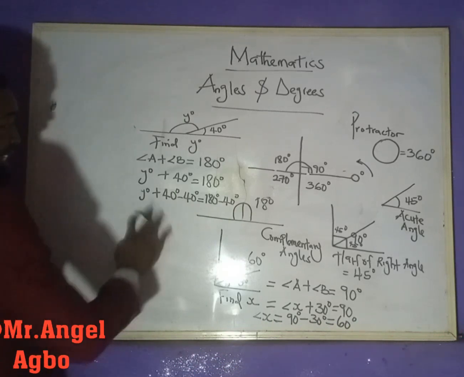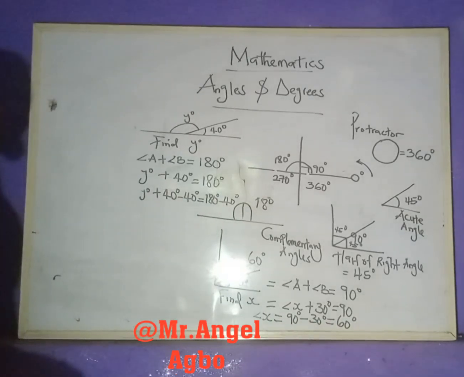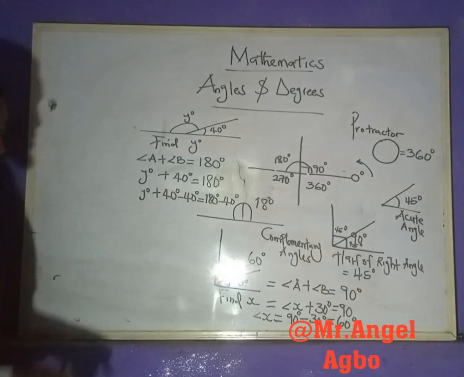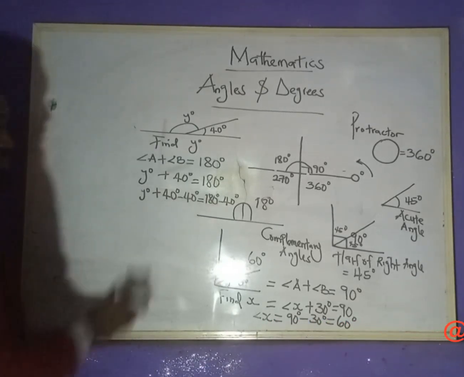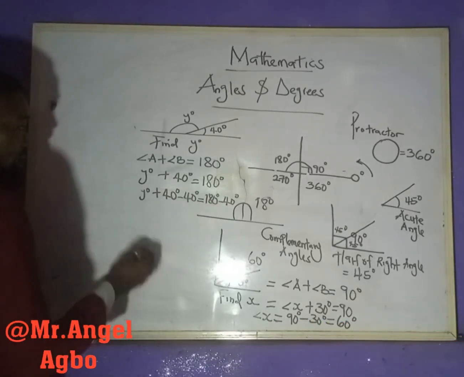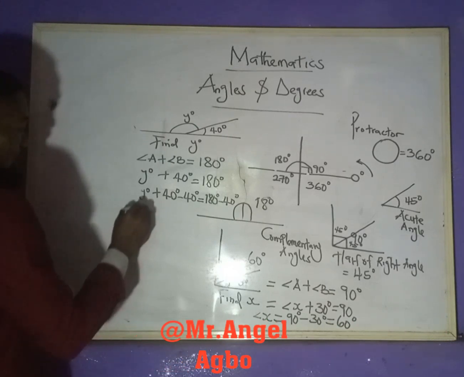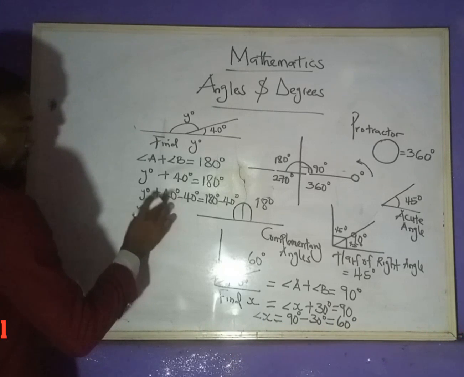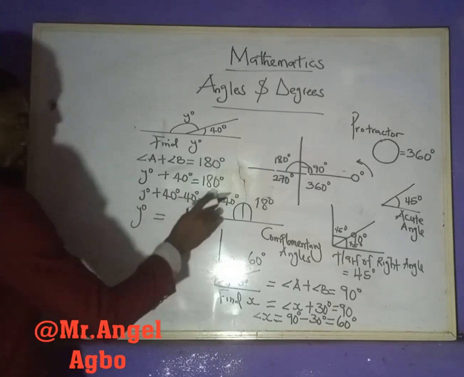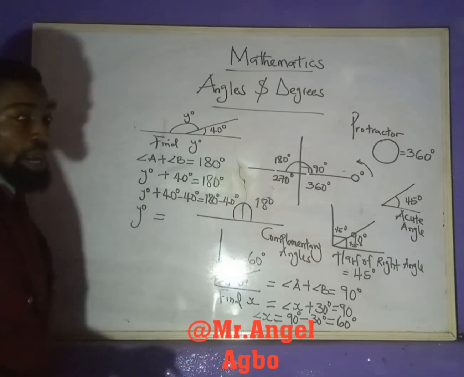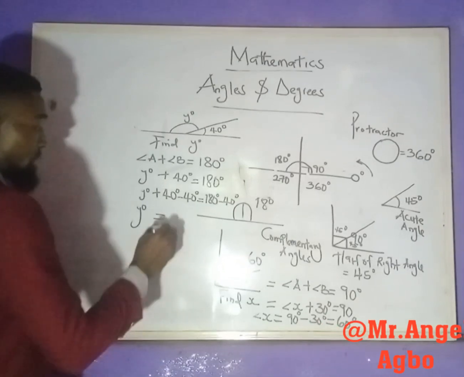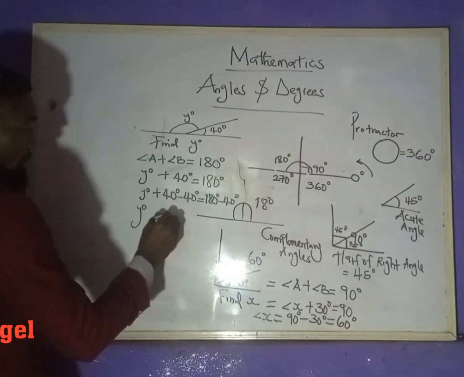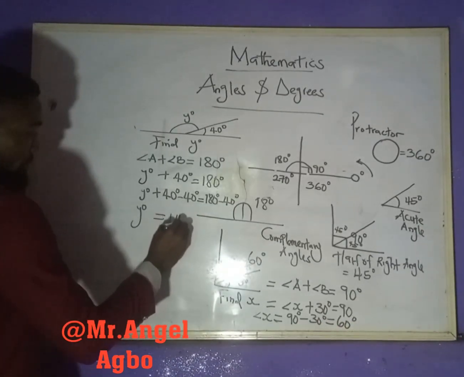I can decide to take it to the other side and make it simpler, the way I did here, but I decide to do it this way so that we understand it better. So y degrees is equal to, because plus 40 minus 40 is 0, 180 degrees minus 40 degrees, which gives us 140 degrees.